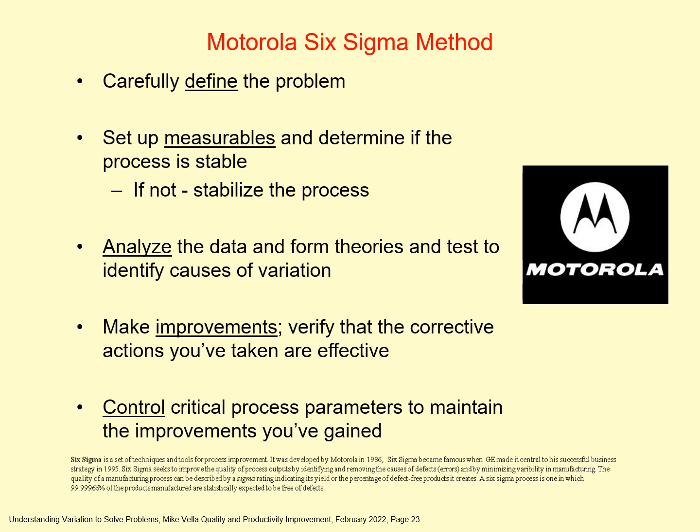Make improvements, verify the corrective actions you've taken are effective, and then control critical process parameters to maintain the improvements you've gained. Again, I think you see a pattern here, not too much different in the overall shape of the concept than the PDCA model, and then incrementally different from the Juran-Bajaria model.